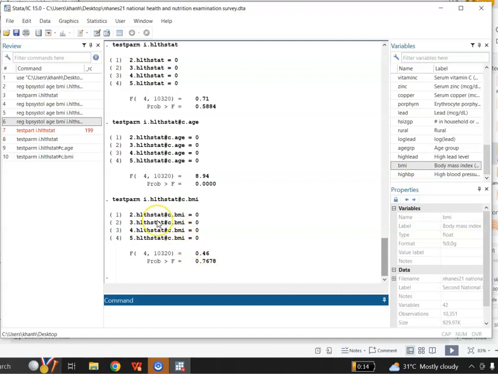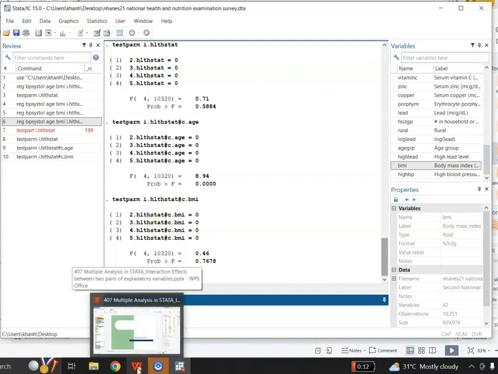So we fail to reject this null hypothesis, and the coefficients of health status and BMI are jointly equal to 0. So this is how we analyze various regression models.